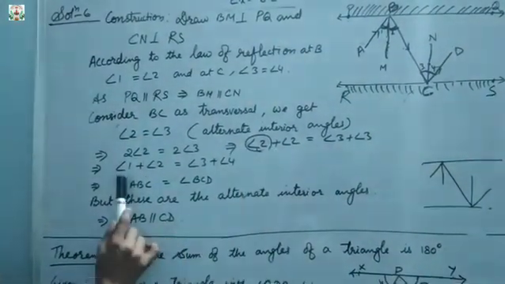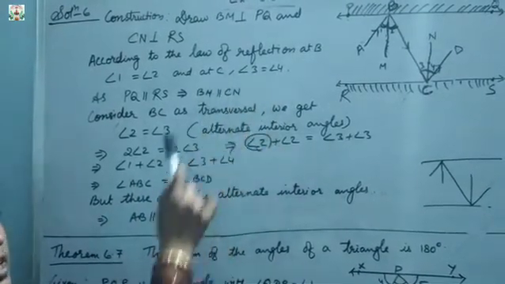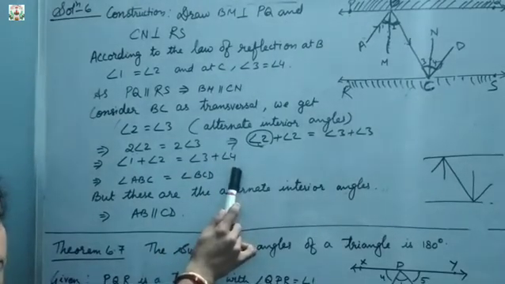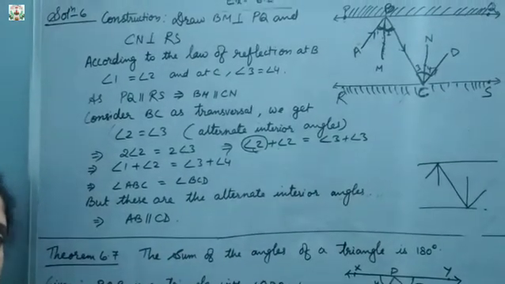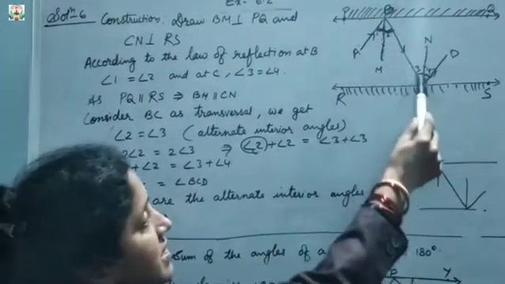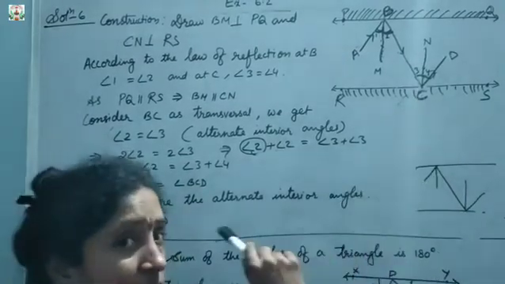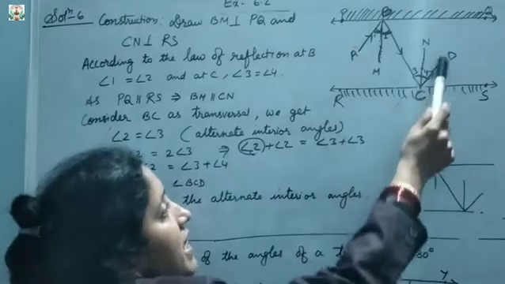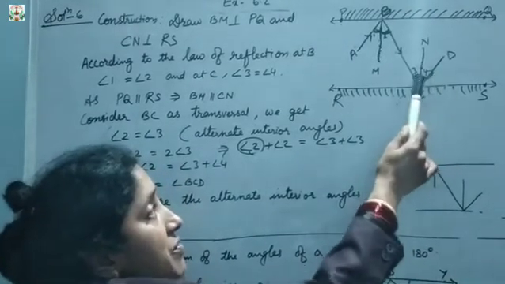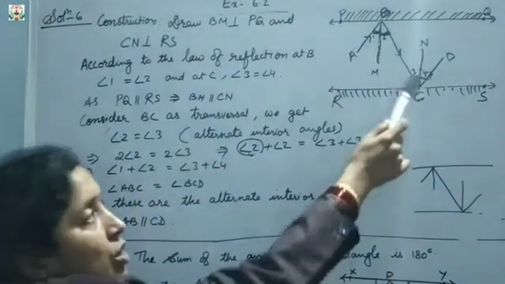So in place of angle 2 I can write what? Angle 1. Same way, angle 1 plus angle 2 equals, and from this again, angle 3 plus angle 4, because we know the incident angle is equal to the reflected angle. Here the incident ray makes incident angle 3, and CD, the reflected ray, makes reflected angle 4 to the normal.